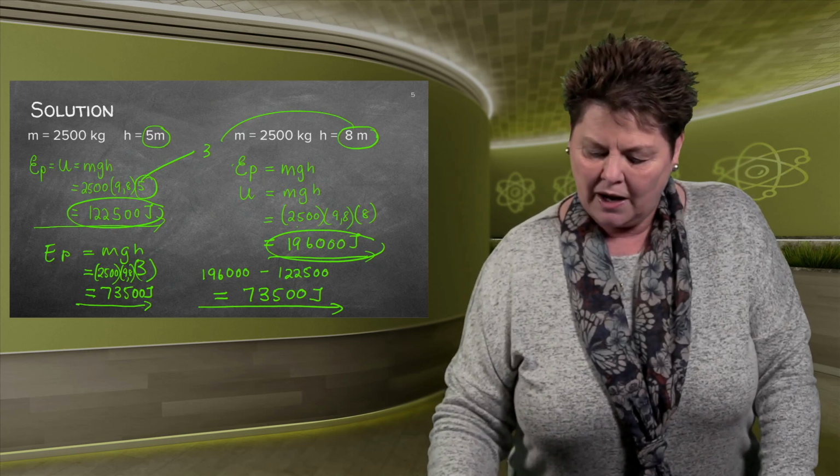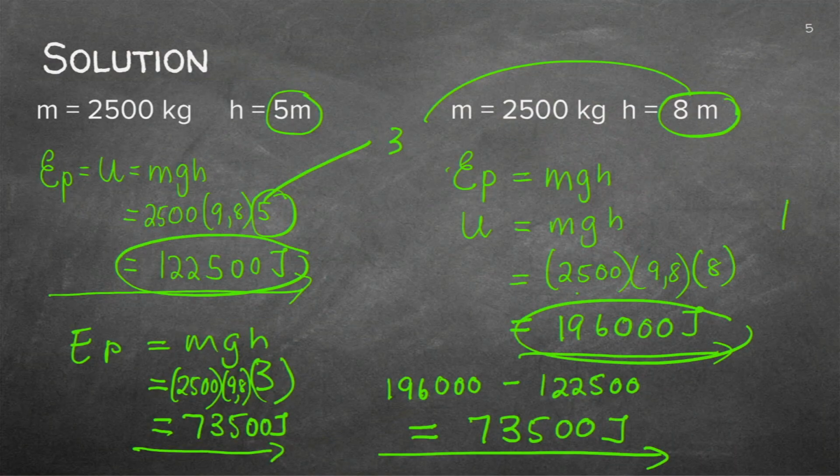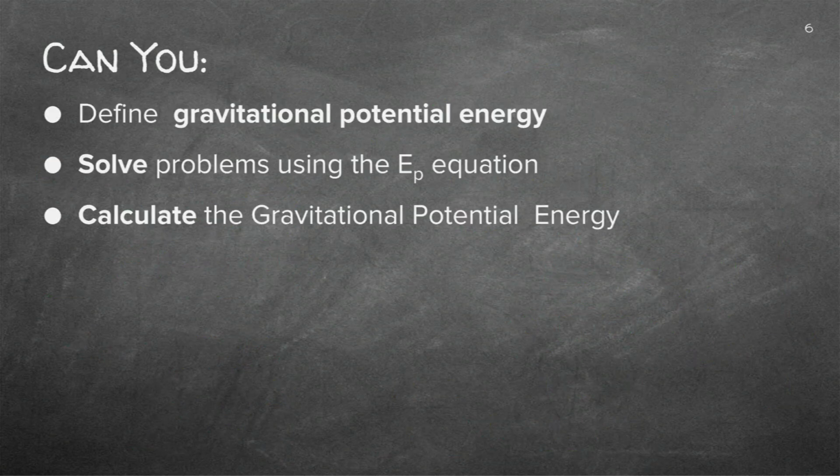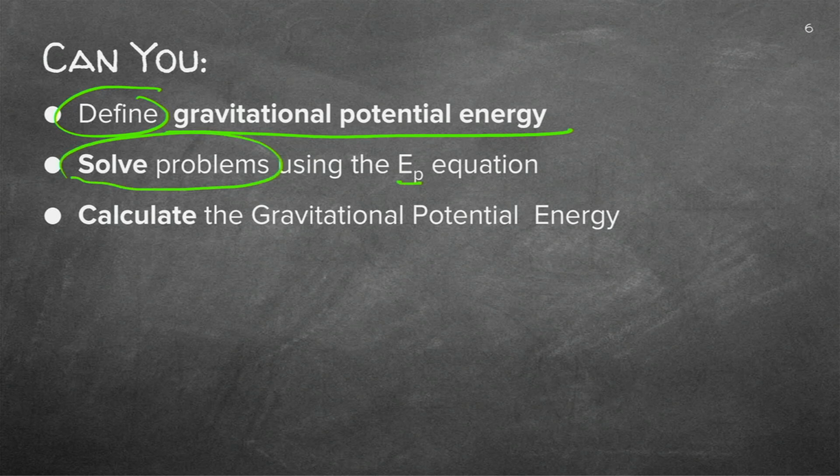So just to remind you again, you worked out the energy on different heights, and can you see that you had the energy there at 3 or at 5 or at 8, and you're just using the correct height for that specific question. You have to be able to define the gravitational potential energy. You have to be able to solve problems with your equation.